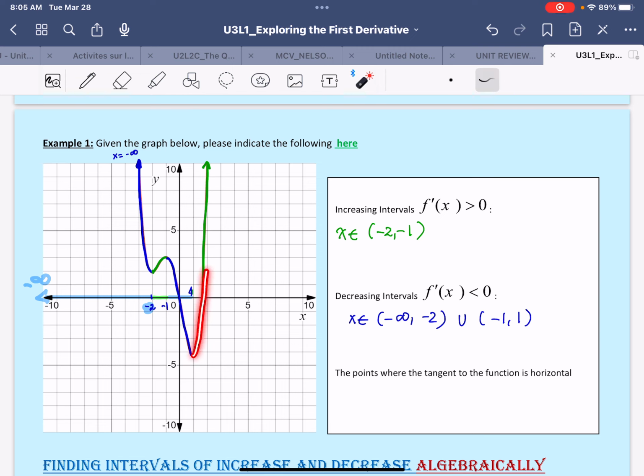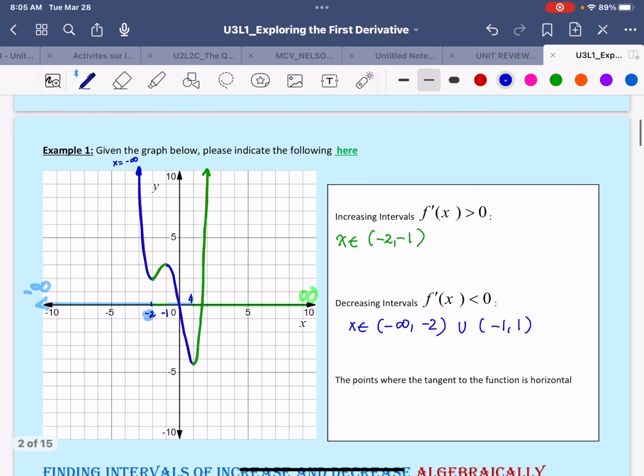The last section of the graph starts at 1 and ends at infinity. And that means that the function, as you can see here, will mark an increasing interval from x equals 1 all the way to infinity. That will be an increasing interval, 1 to infinity.